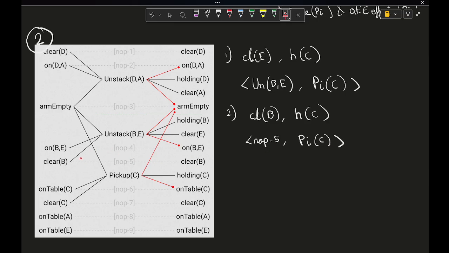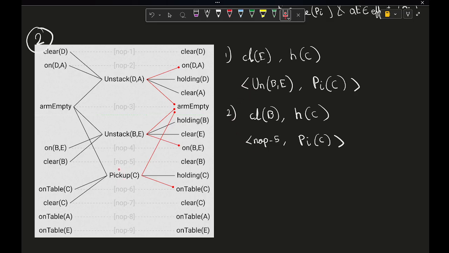Because earlier, when comparing those two, I was looking at what precondition is common for them both. I know that for these two the arm empty precondition is common, and based upon that I was able to check whether inconsistent effects, competing needs or interference were satisfied.